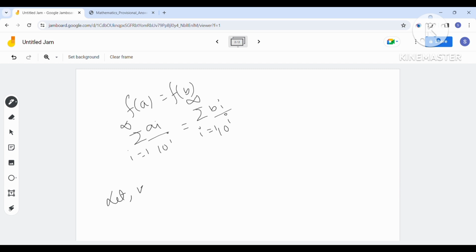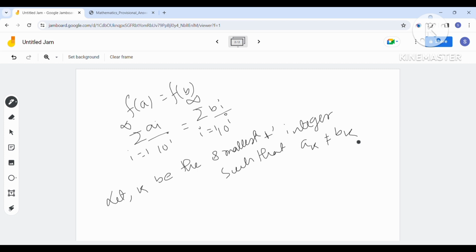Now let k be the smallest positive integer such that ak is not equal to bk. I'm assuming the smallest one.